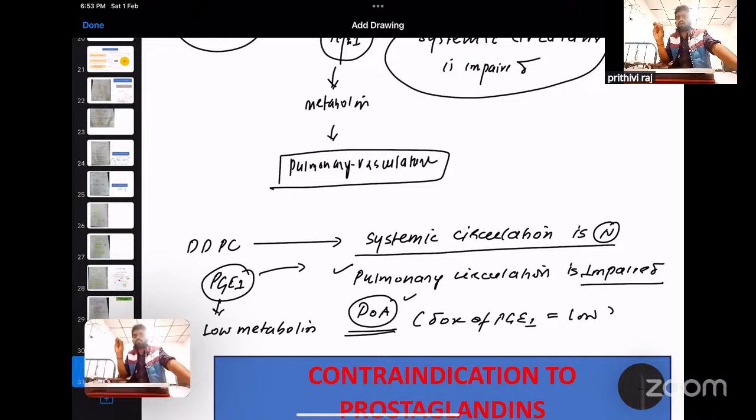But there are a few indications where this is contraindicated, because as I already said, there are a few lesions where the other shunt is very important compared to the ductal shunt. The ductus arteriosus has no role in any shunt in those conditions. There is your atrial septum.